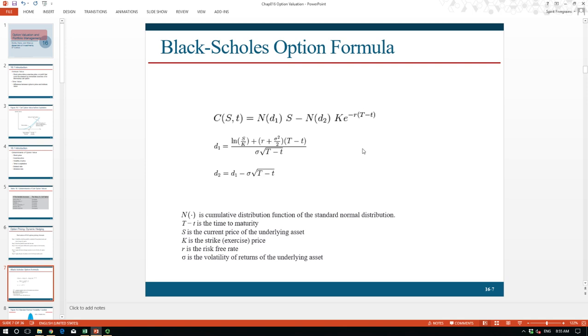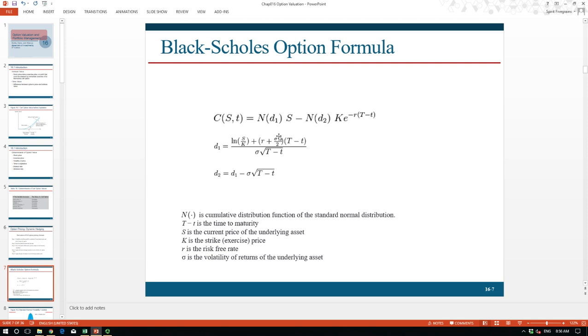For continuous compounding, we need to use e raised to the power minus RT as a way to do the discounting. So K times e^(-RT) is simply the present value of the strike price.